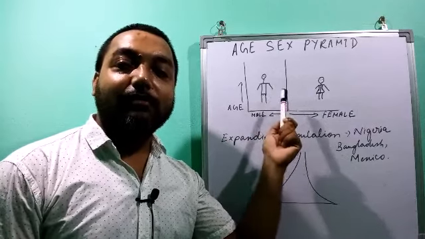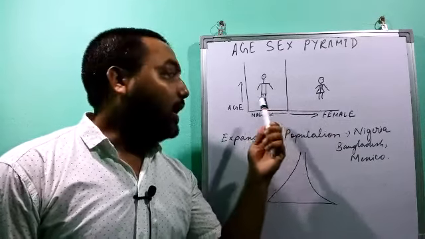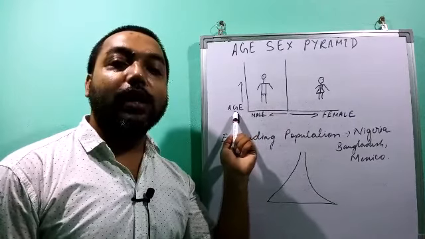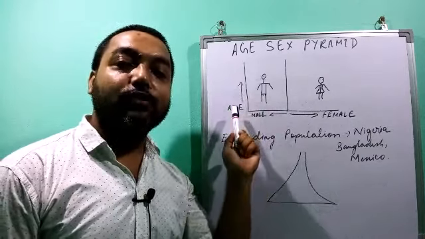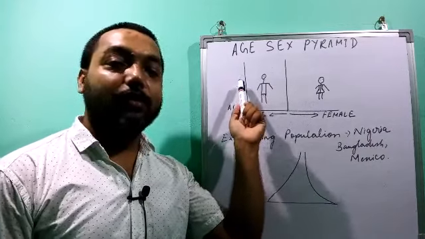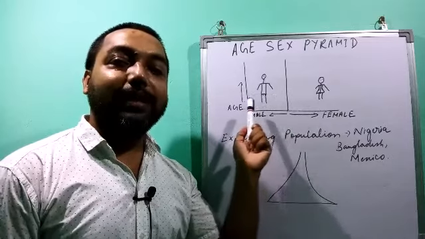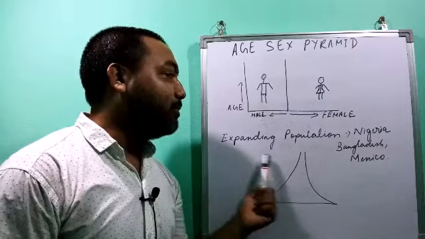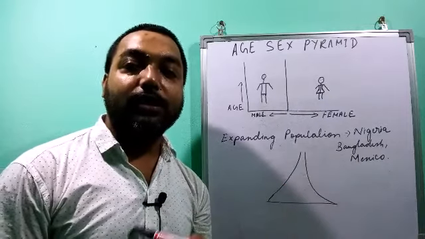Total male and female are both shown in the same graph, in different age groups. On this line there will be age categories, so in different age groups the male and female population will be shown.